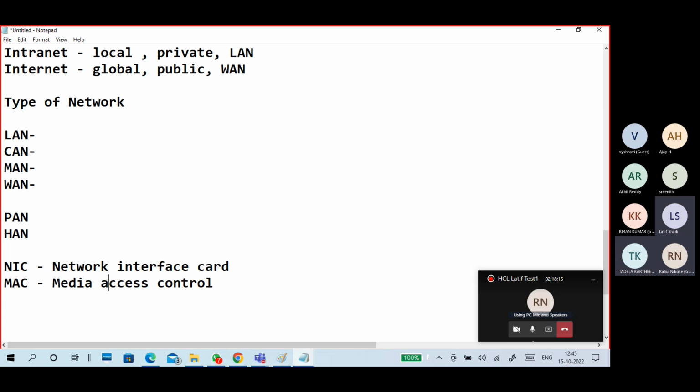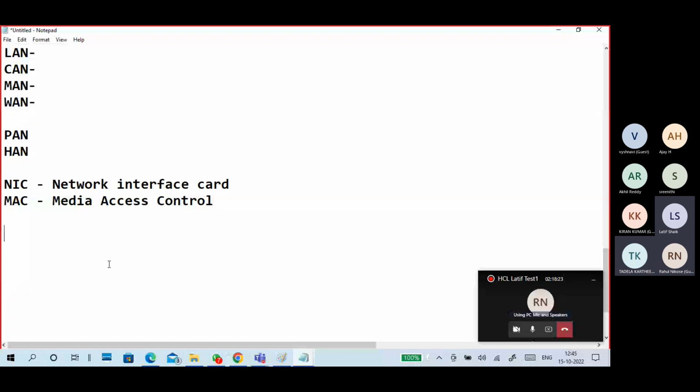So what is NIC? A NIC is used to get connected to the network. So you have a device, you want to connect it to the network, you need a NIC. The NIC can be wired or wireless, but it is still used to get connected.